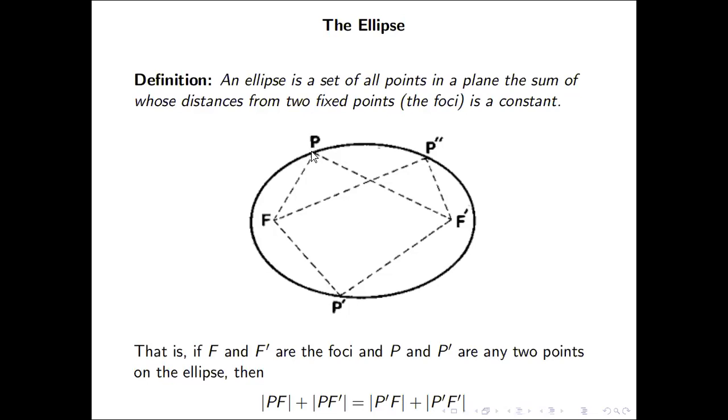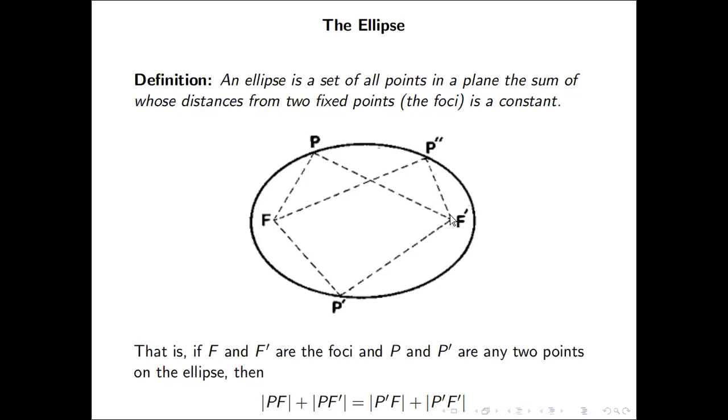So in the figure, it would be this plus this equals this plus this. And if we take a third point, we would also have the same sum. That is, we would also have these sums equal to P double prime F plus P double prime F prime.